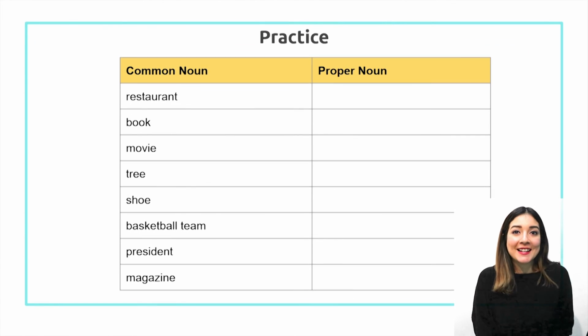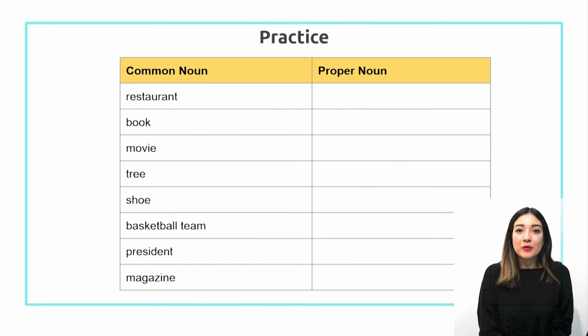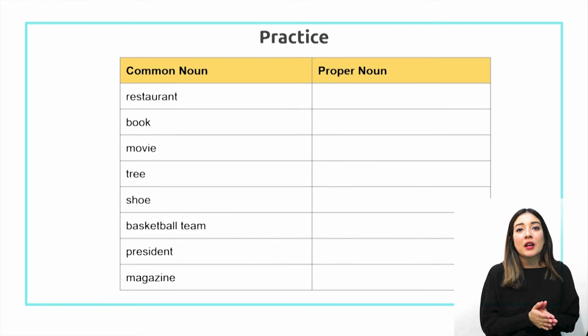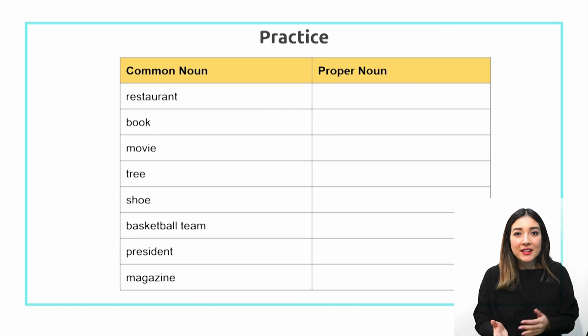As always, guys, I leave you with some practice. Take the time to review the lesson to really understand when to use a capital and when not to capitalize a noun. I find that a lot of students often get mixed up when it comes to writing proper nouns.